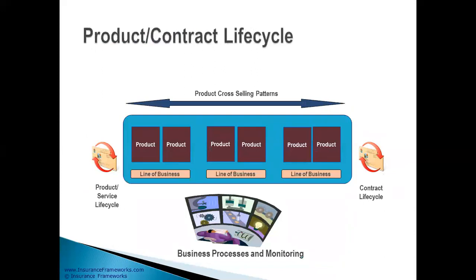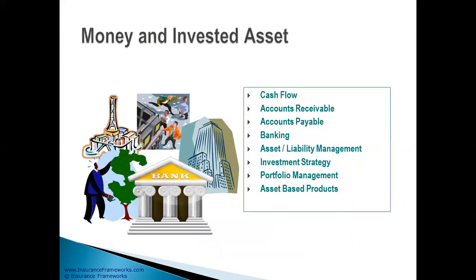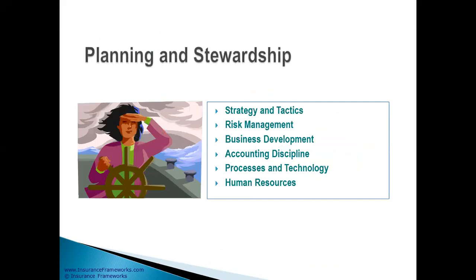We also have cross-selling patterns, product and service lifecycle, contract lifecycle, and the policy management or the contract management, plus business processes and monitoring them. We also have all the money and invested asset side to it, as well as the planning and stewardship part of insurance companies.